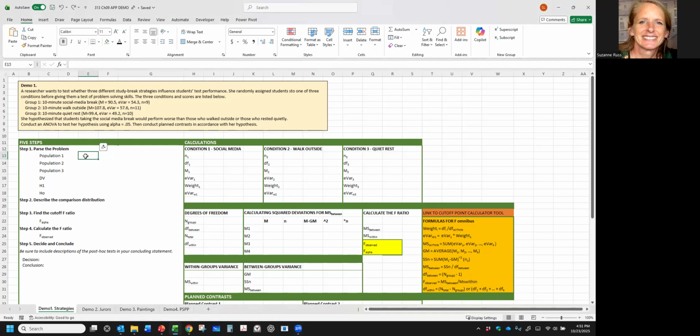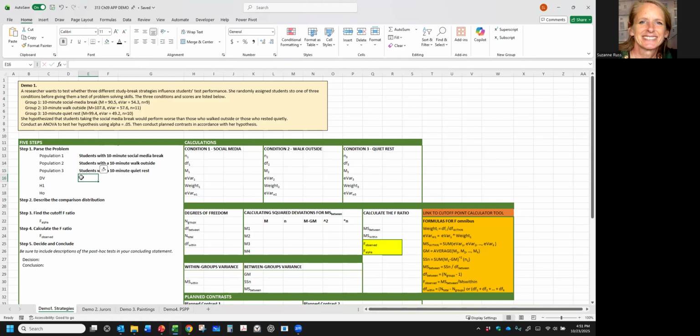Population 1 are students with a 10-minute social media break. Population 2 are students with a 10-minute walk outside. And population 3 is students with a 10-minute quiet rest.